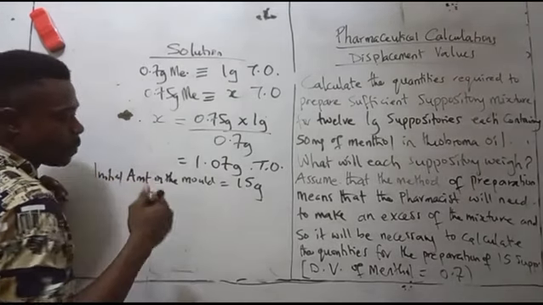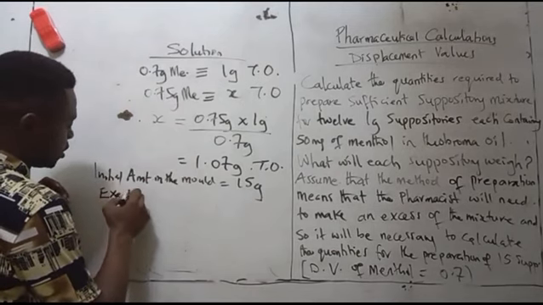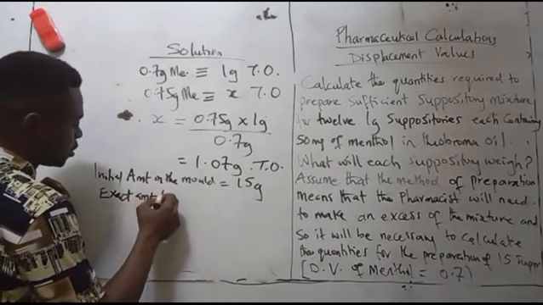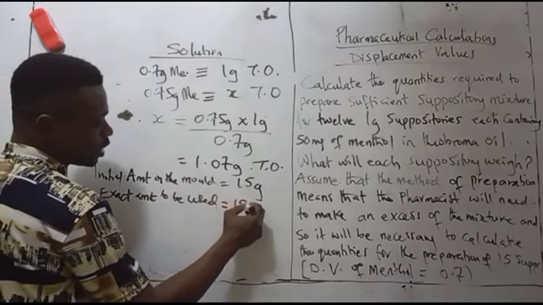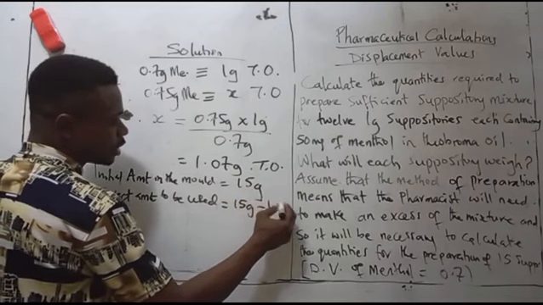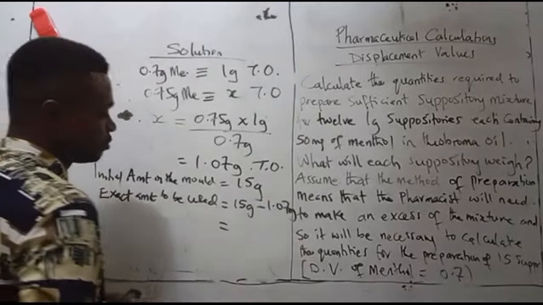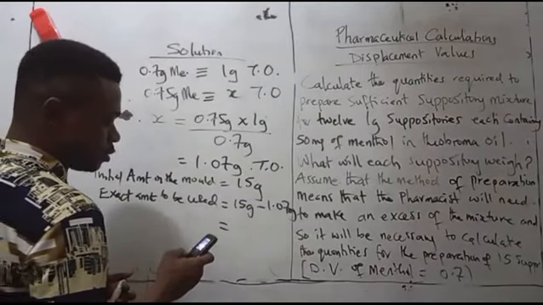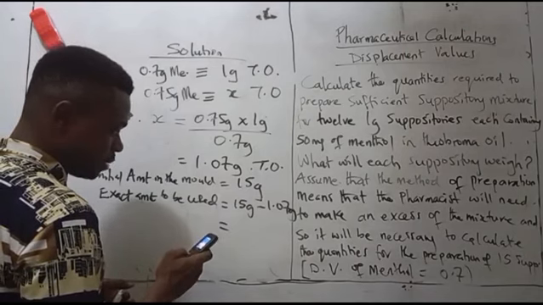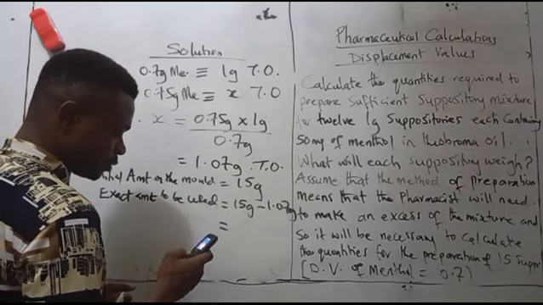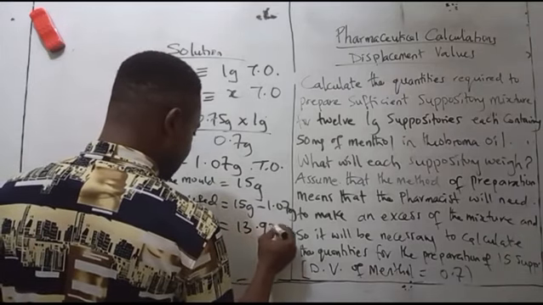But if you want to know the exact amount to be used in the preparation, simply subtract 1.07 gram from 15 gram. 15 gram minus 1.07 will give us around 13.93 gram.